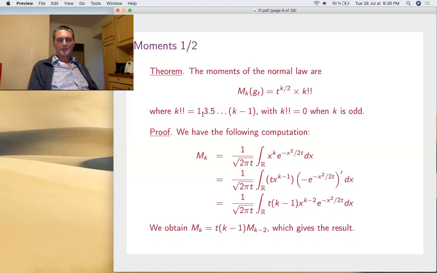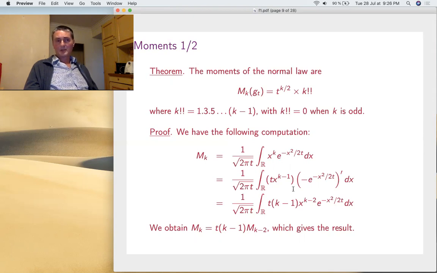Okay, so why is this true? Well, we already computed the second moment. How? By partial integration. So do the same thing here. That's the moment. I just take the formula of g_t and I add this term x to the k next to it. Now, if I want to do my partial integration, I write this in this form here.